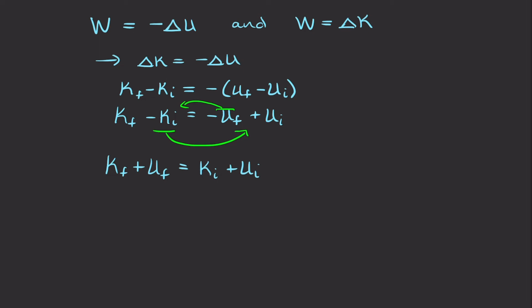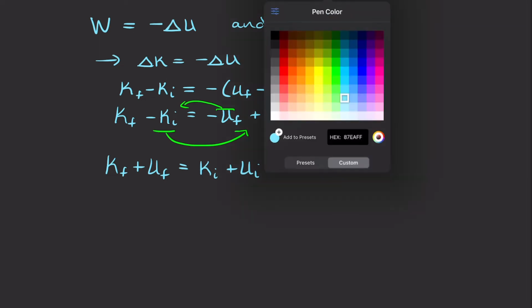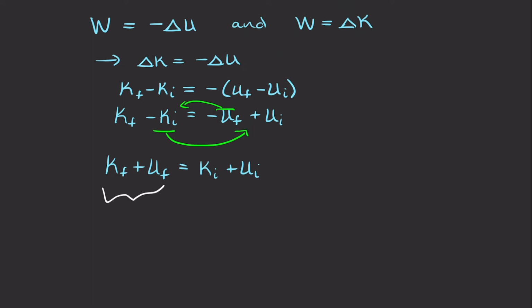Well, this looks like my total energy. It's my final kinetic plus my final potential energy, so this is going to be my total final energy. And this is going to be my total initial energy.